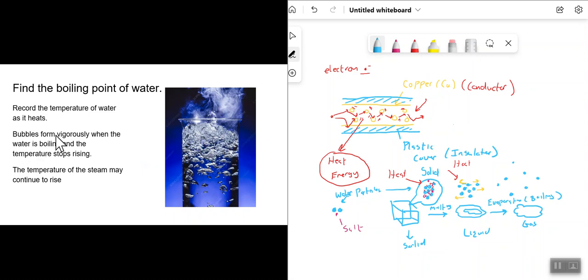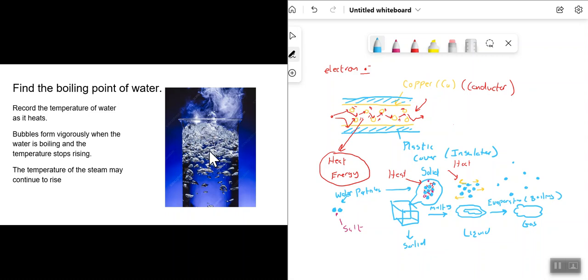Bubbles form vigorously when the water is boiling and the temperature stops rising. So you'll see a rise in temperature and then it'll stop. The temperature will stop rising, and what you'll see is this formation of bubbles.